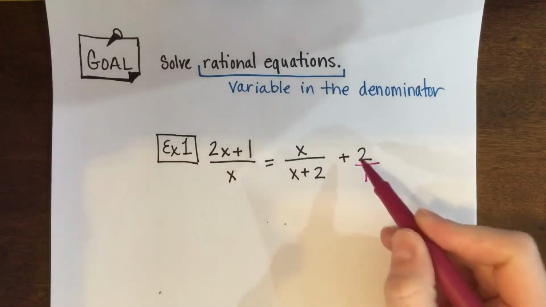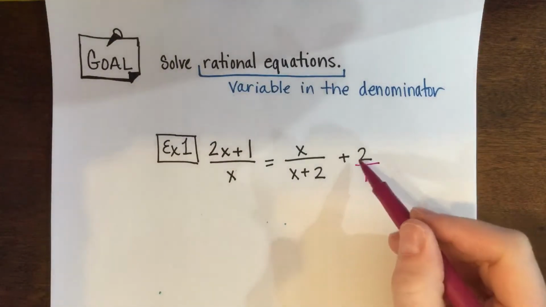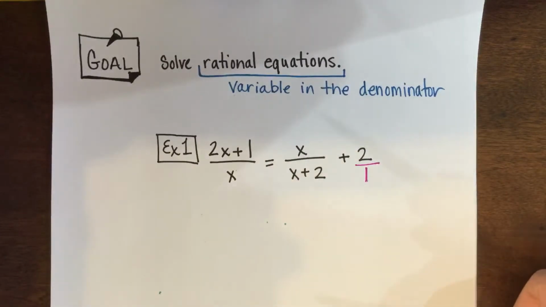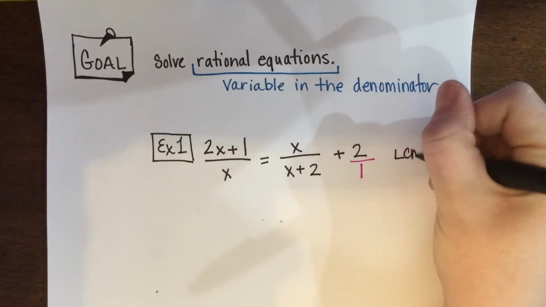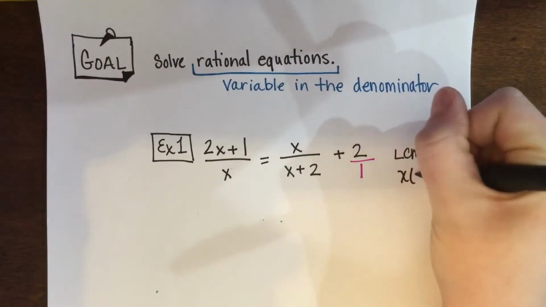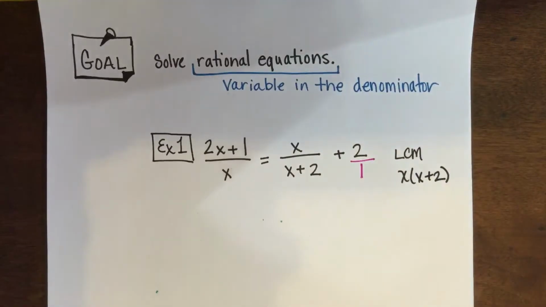So anytime I have just an integer, I always rewrite it as a fraction just so I remember it's there. Now, when I take a look at these and ask myself, what's my least common multiple? Well, in this case, my least common multiple is x times x plus 2.